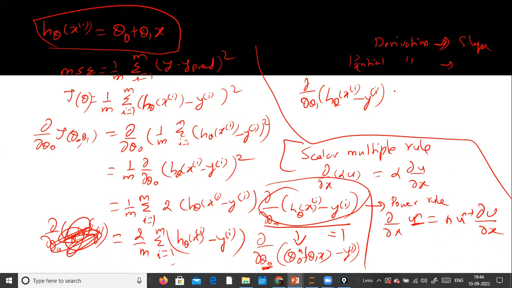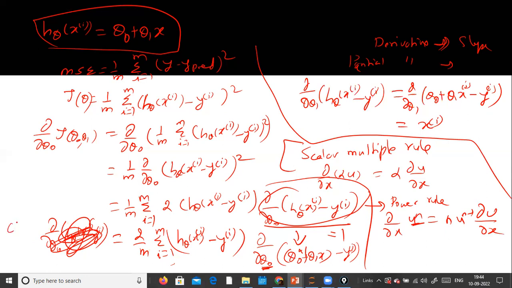If you plug in this value here, dou by dou theta 1 of theta naught plus theta 1 x minus y, this one will become x to the power i. And then the x to the power i, you need to multiply with this one.